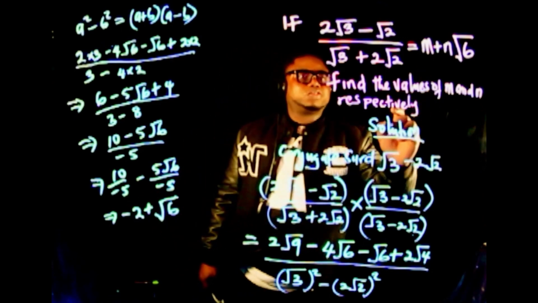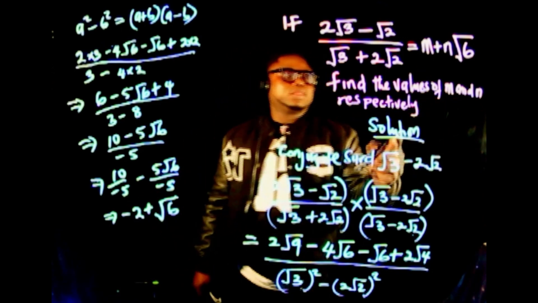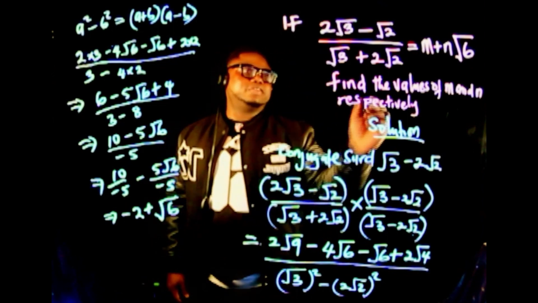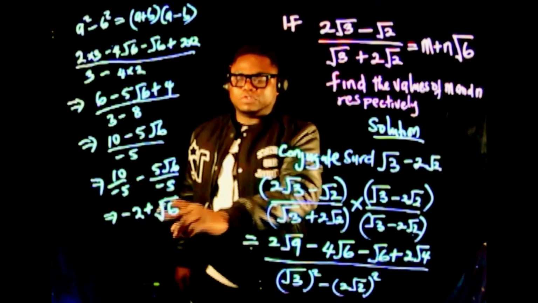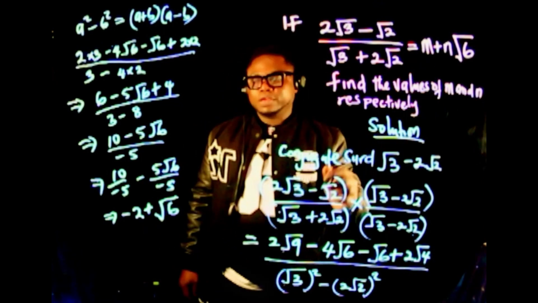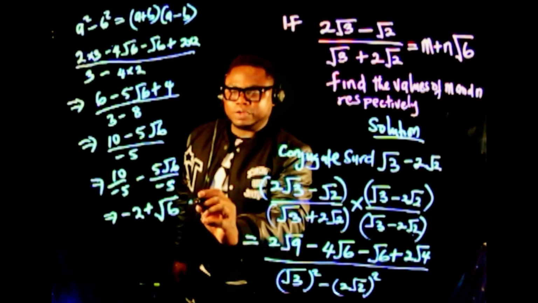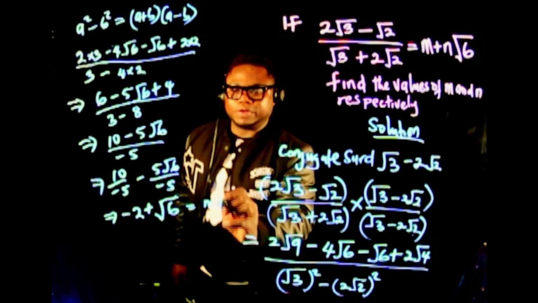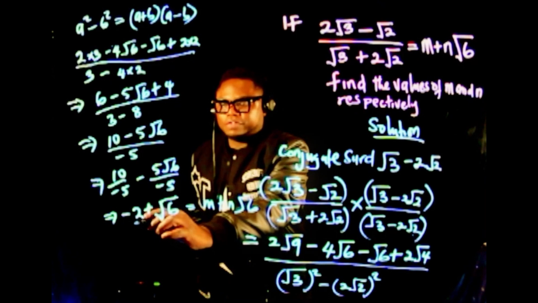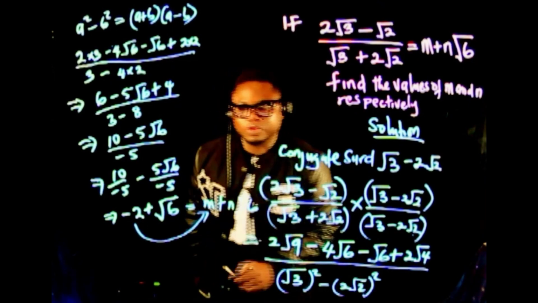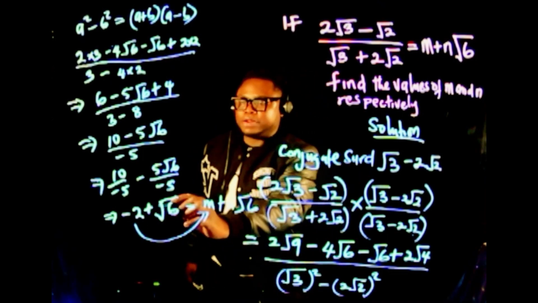But looking at it, the question says we should find the values of m and n respectively. So if we equate this, minus 2 plus root 6, to m plus n root 6, it means that this minus 2 is going to be m, then 1 is here.